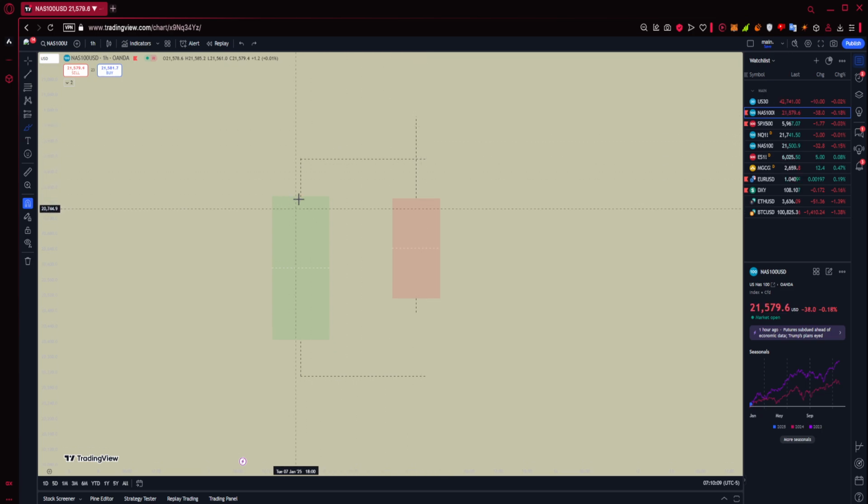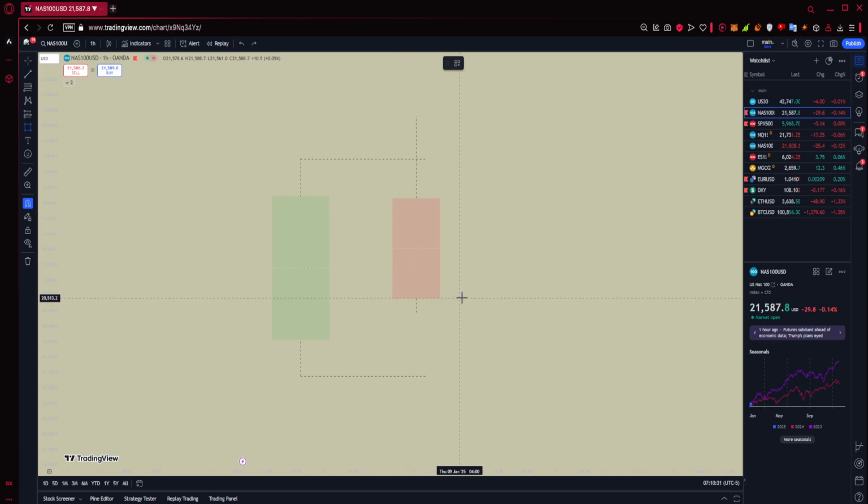So in other words, we closed with a wick and failed to body close above the previous day's high. We did not close with a body, we closed with a wick. What does this tell us? It means that price around this level was resisted and it's weak.